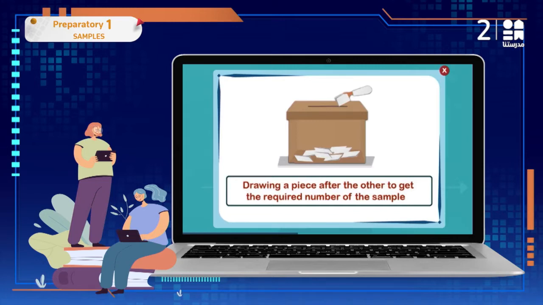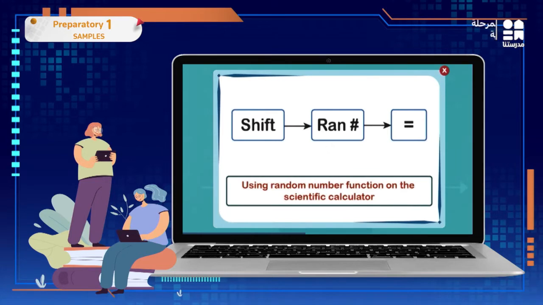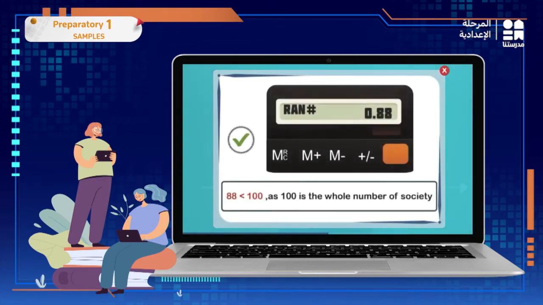But what about the other method? The other way is using the random number function shift random on the scientific calculator. As a result of this function, you will have many random numbers that are all decimal numbers. Therefore, it is better to take the apparent numbers without a decimal point and hold a comparison between these numbers and the whole number of the society.